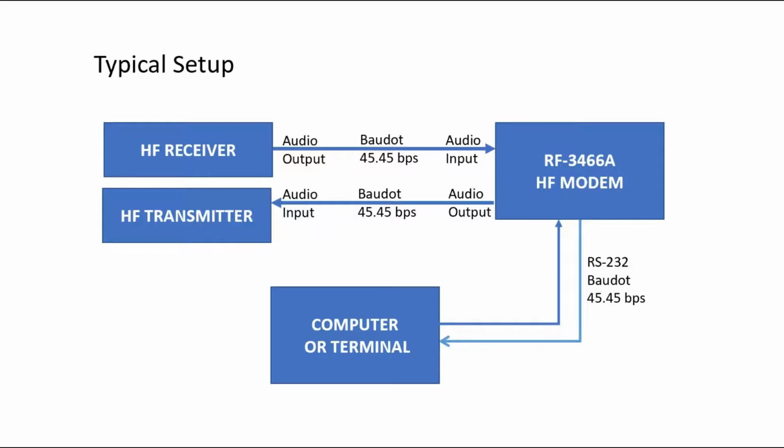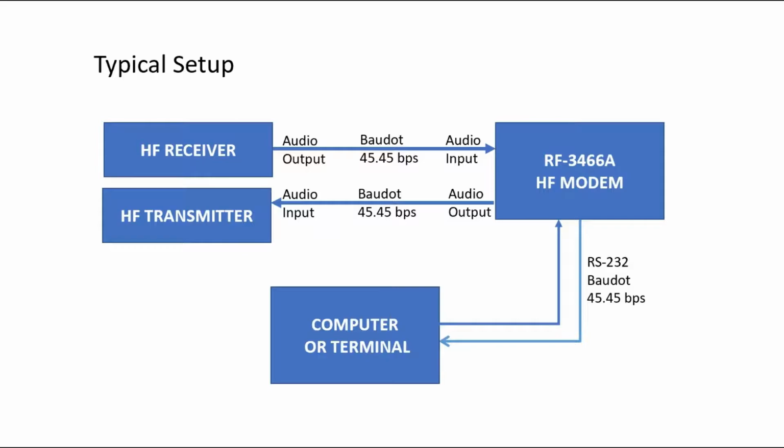Similarly, the audio output of the HF modem would be sent to the input of an HF transmitter. And again, the audio would need to be in Baudot and 45.45 baud.